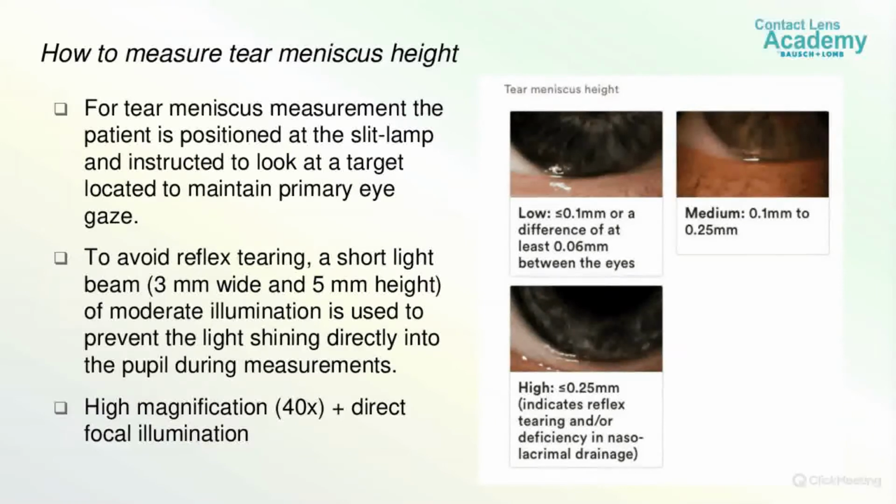To avoid reflex tearing, a short light beam, about 3 millimeters wide and 5 millimeters in height, of moderate illumination is used to prevent the light shining directly into the pupil during the measurements. High magnification, like 40 times, plus direct focal illumination are used for the tear meniscus height measurement.